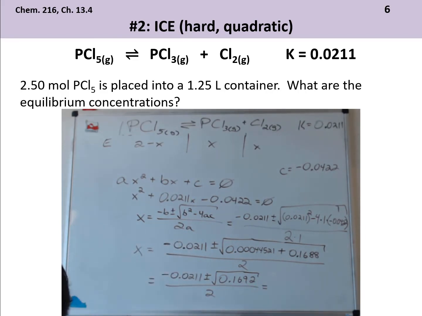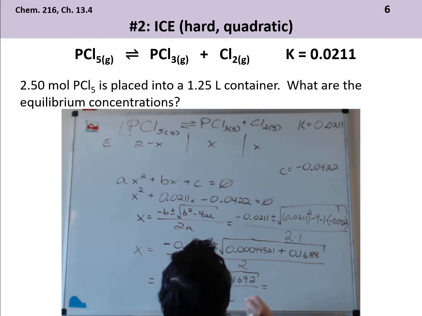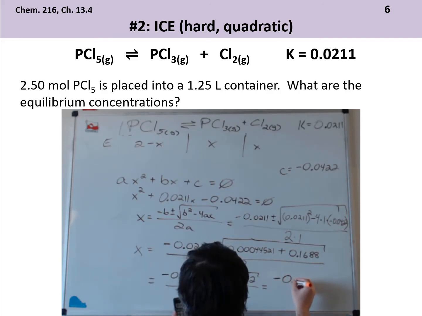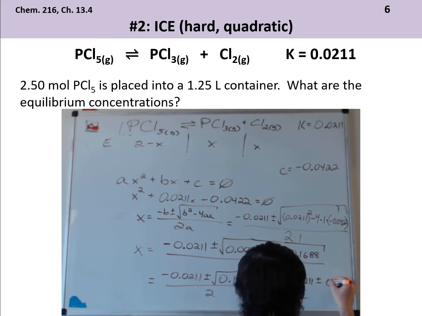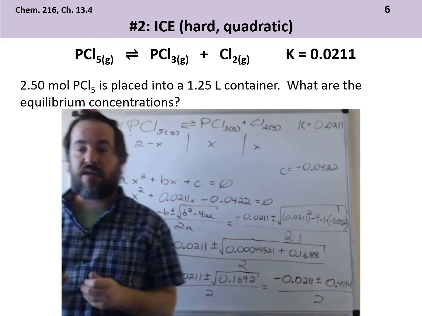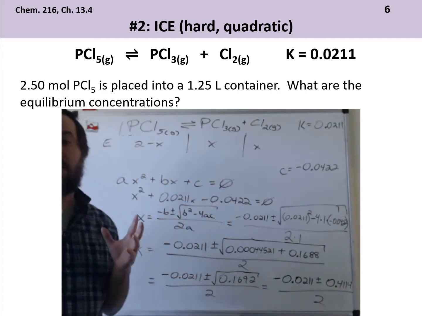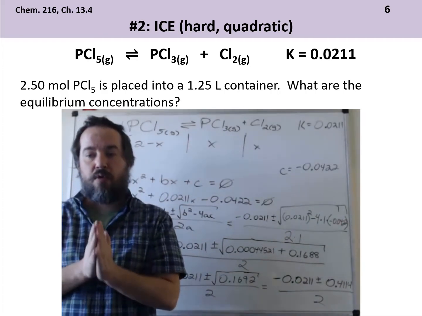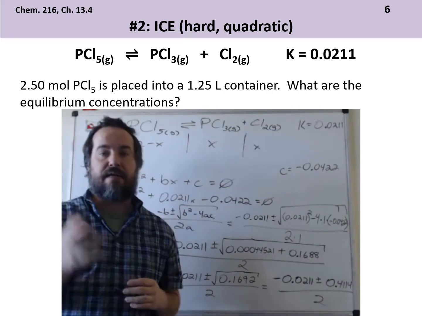That's going to get me negative 0.0211 plus or minus 0.4114 over 2. Okay, let's talk about this plus or minus. Why is there a plus or minus? It's there because the square root of 4 could be 2, or it could be negative 2.